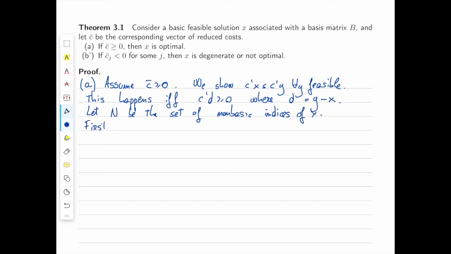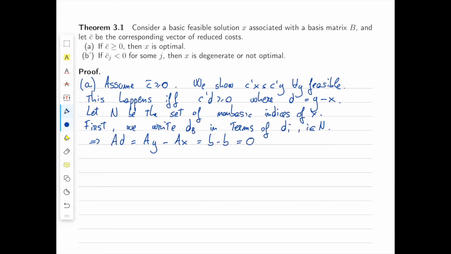So first we write d_B in terms of the d_i with i in N. In order to do this, we essentially need to observe that Ad is equal to 0. So why is Ad equal to 0? Ad is equal, by definition of d, to Ay minus Ax. Now both x and y are feasible by assumption, so this is equal to b minus b, and so it's 0.